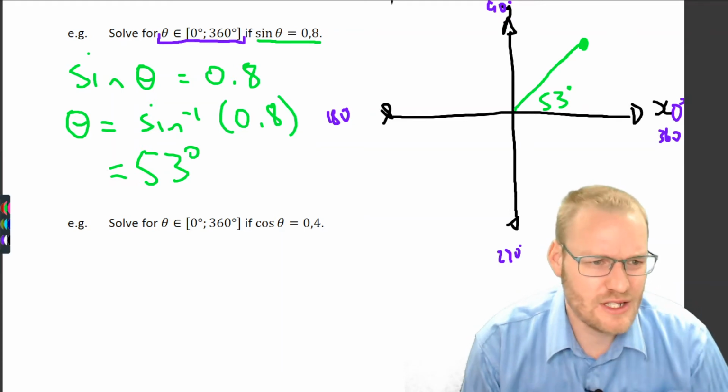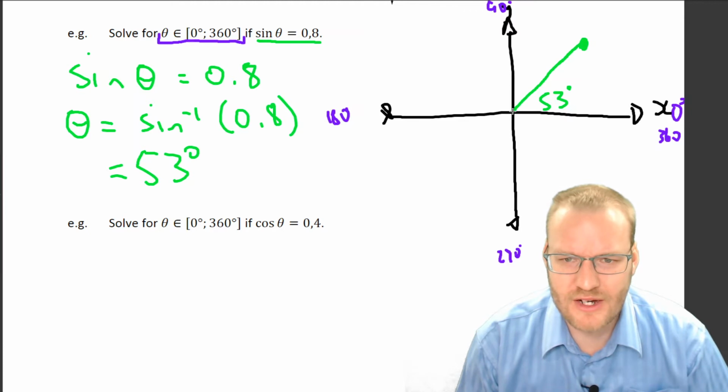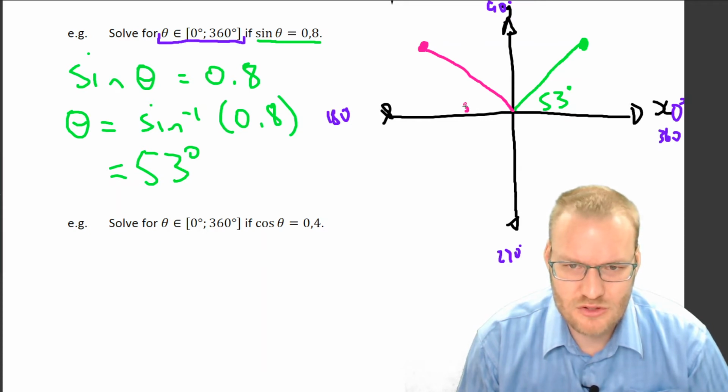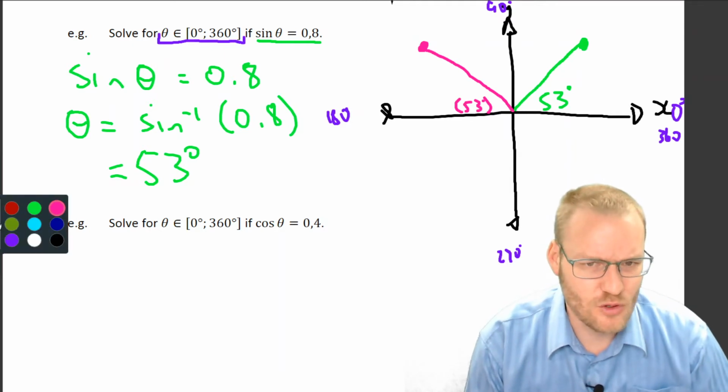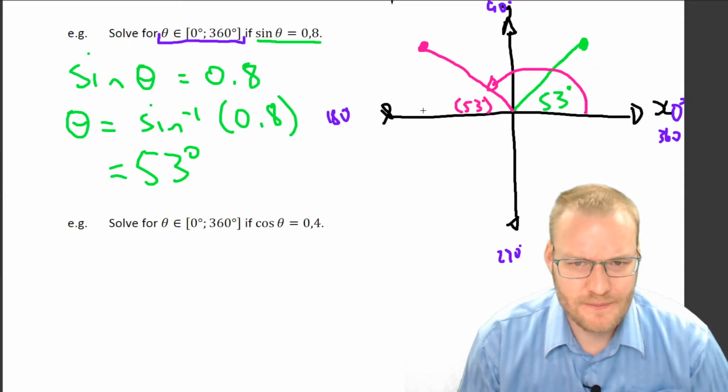But what we're looking at today was to say, well, what happens if I reflected this point? So I drew it over here. And this little angle here is 53 degrees. I'm going to draw 53 just in brackets and say, therefore, this whole angle to get there, well, a straight line's 180.